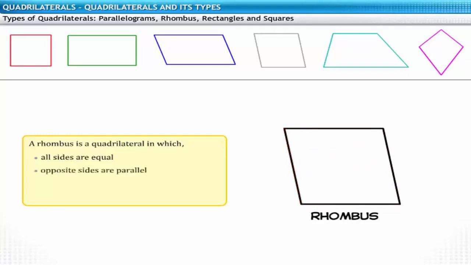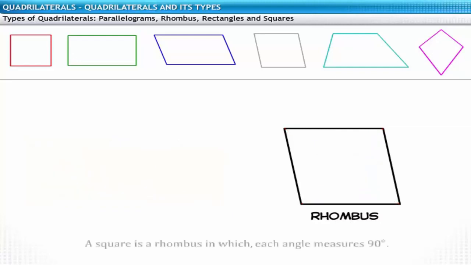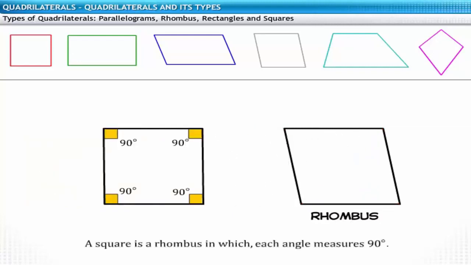Opposite sides are parallel. Opposite angles are equal. And diagonals bisect each other at right angles. Thus, we can say a square is a rhombus in which each angle measures 90 degrees.